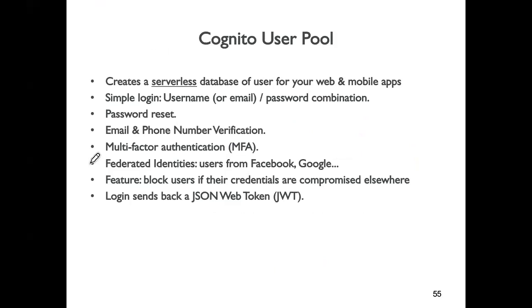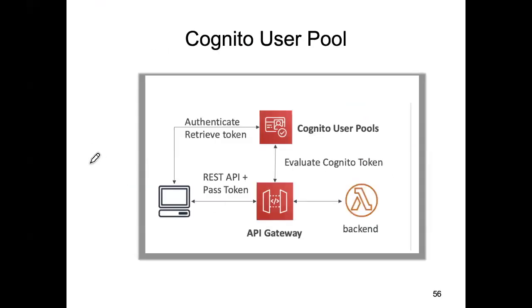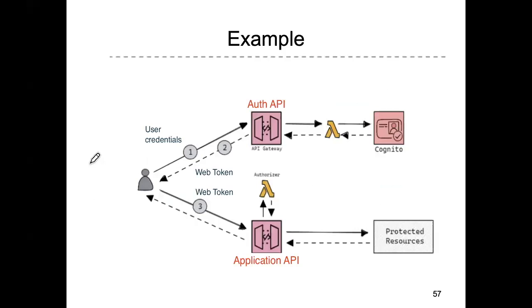And so if I fast forward to here, this is your typical serverless architecture, which includes authentication. You have two separate APIs.